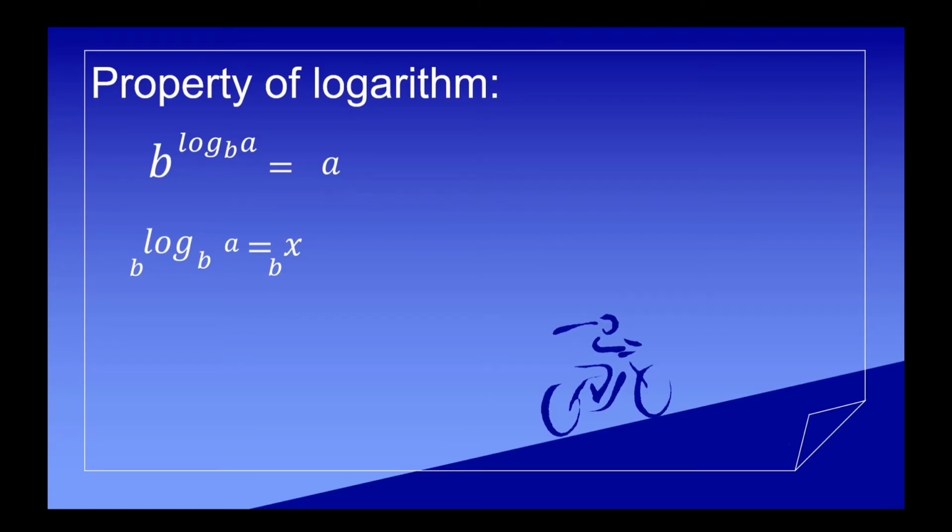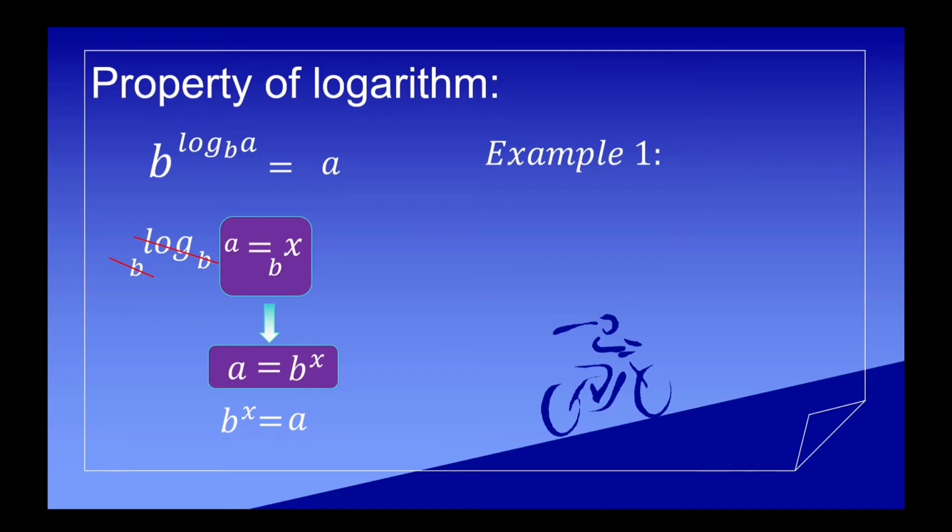Then cancel the logarithm of b in the base. Then we come out with the new equation, that is the exponential equation. So a is equal to b raised to x, or equivalently, b raised to x is equal to a.